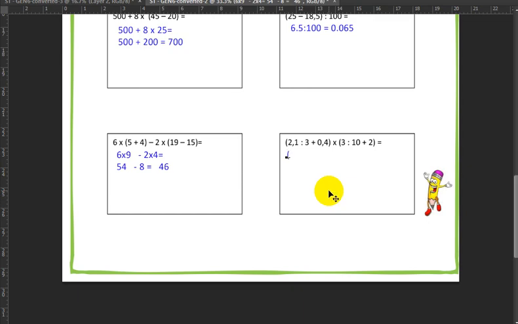Okay, here we're going to need the parentheses. 2.1 divided by 3 is 0.7 plus 0.4, close the parentheses, times. Now we can do the calculations inside these parentheses without affecting the other one. 3 divided by 10 is 0.3 plus 2.